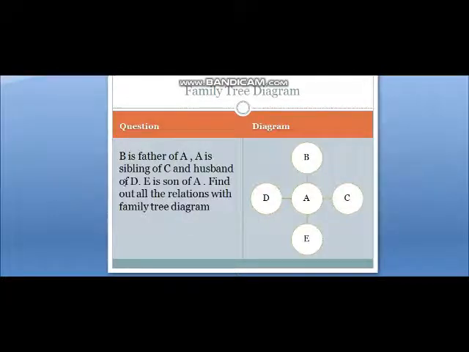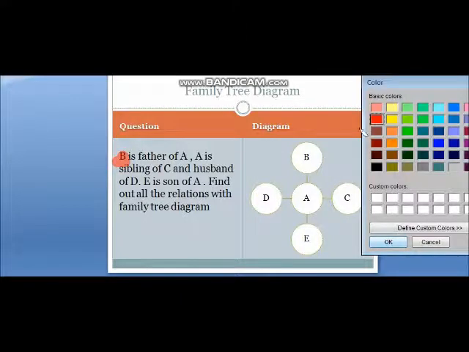Now in this question, if you are going to identify the generations, so you will be considering that B is the father of A. मतलब ये जो B है ये एक अलग जनरेशन है. ठीक है, B क्या है आपकी एक अलग जनरेशन है. तो I have marked it in red color.